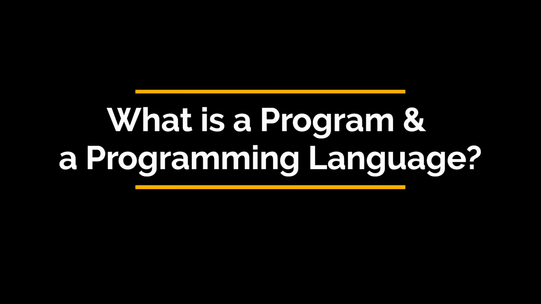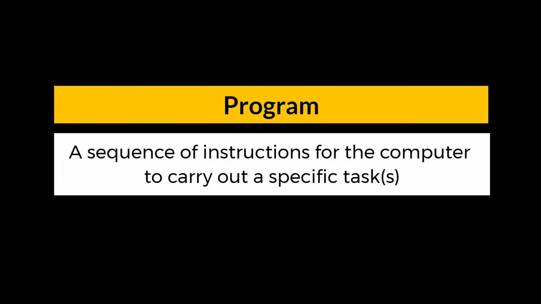Let's look at the differences between a program and a programming language. A program is a sequence of instructions for the computer to carry out a specific task or tasks.